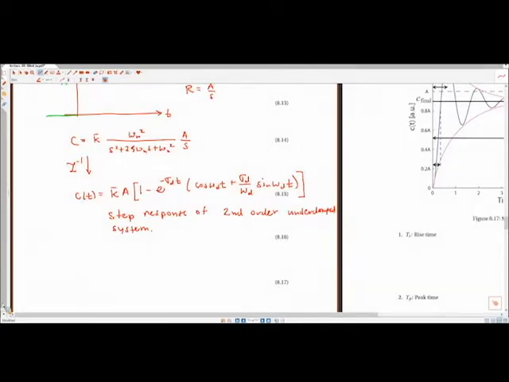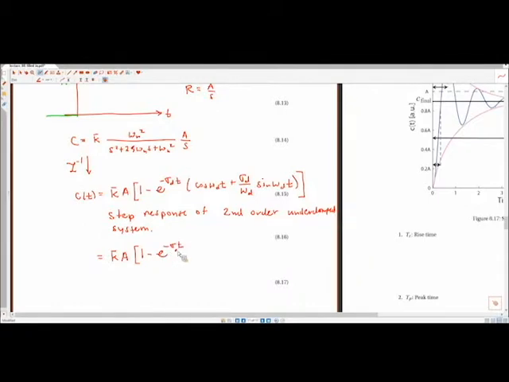So, what I'm showing here is this plot, and this is the function that we just wrote down. Some features of this that we'll go through.